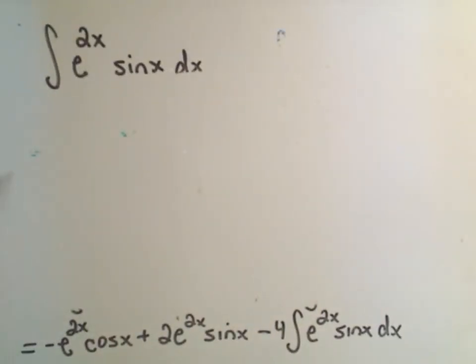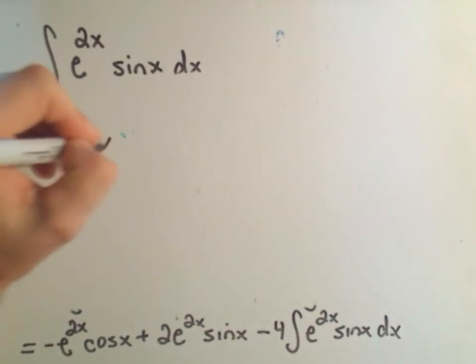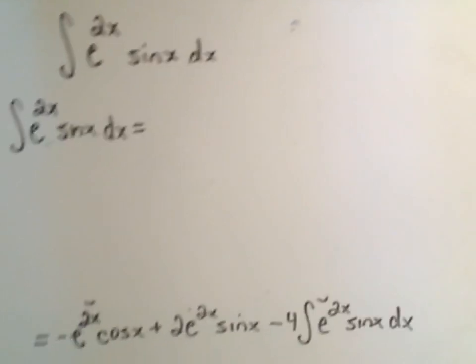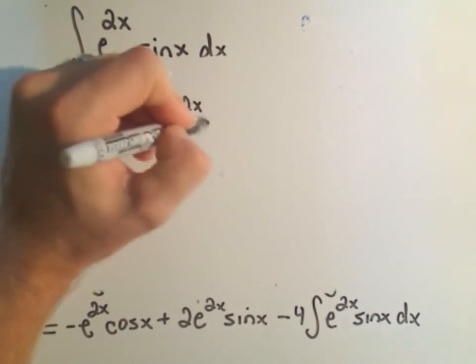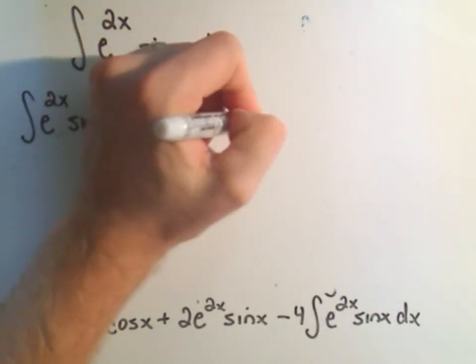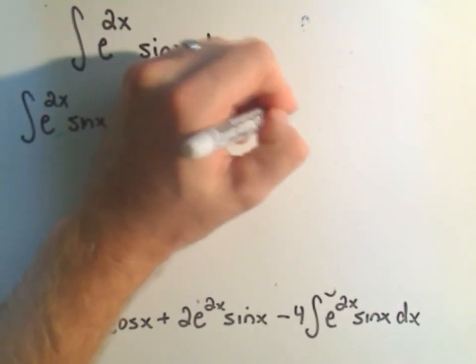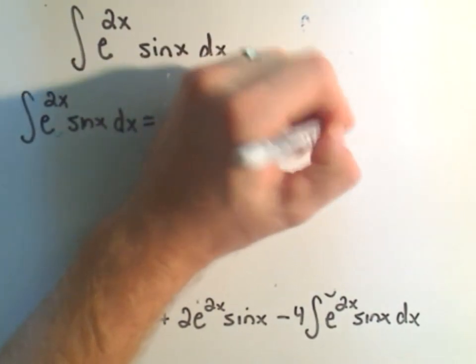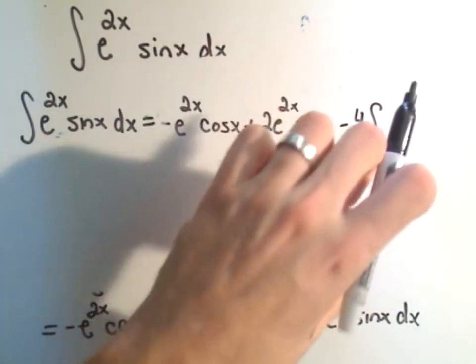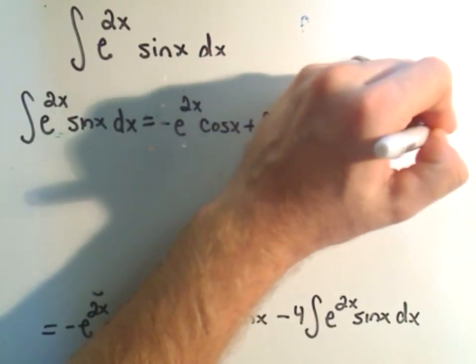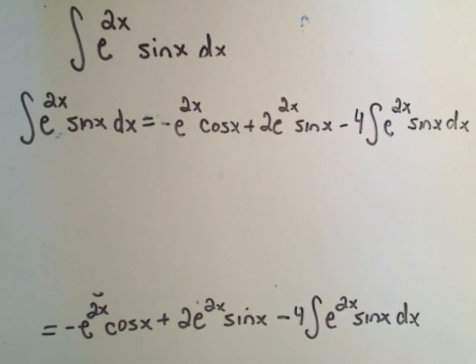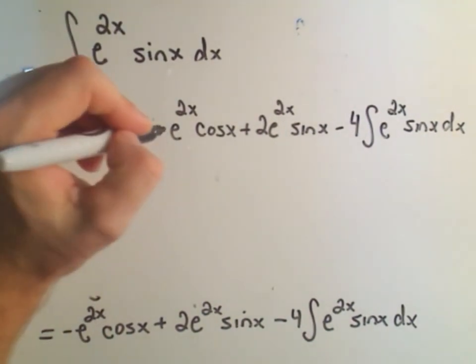Okay, what we've shown at this point is that the integral of e to the 2x sine x dx equals negative e to the 2x cosine x plus 2e to the 2x sine x minus 4 times the integral of e to the 2x sine x dx.